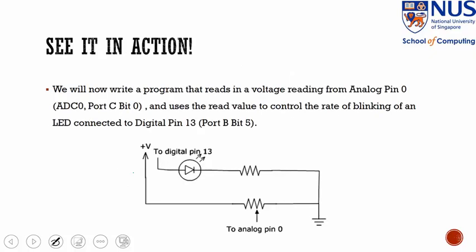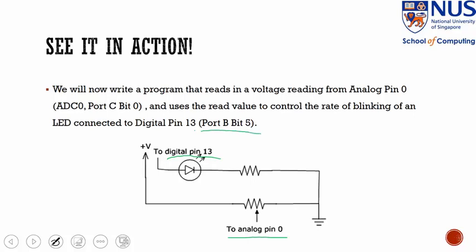Now, what we're going to do with the studio is to come up with a circuit that reads from a potentiometer connected to analog pin 0, and we are going to control a LED connected to the digital pin 13, which is your port B bit 5.